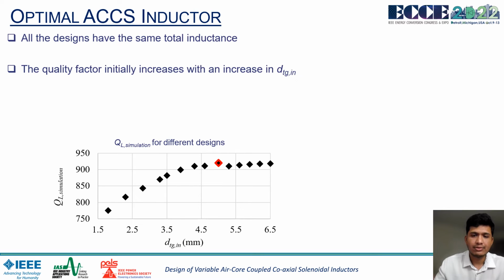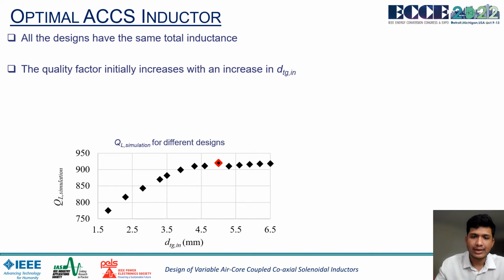Here is the result from the parametric analysis. As can be observed, as the inner turn gap is increased, the quality factor of the ECCS inductor increases, and all the points shown on this plot have the same inductance and they all satisfy the equality criteria.